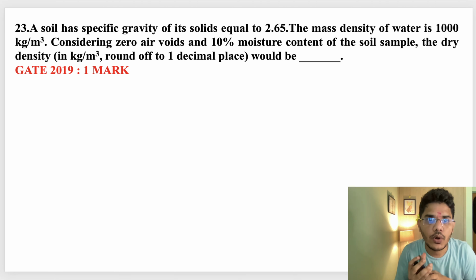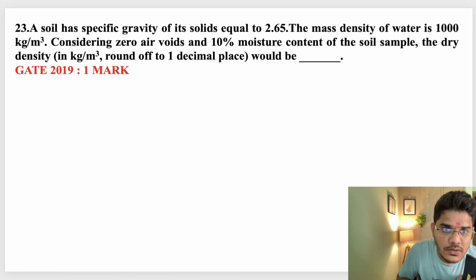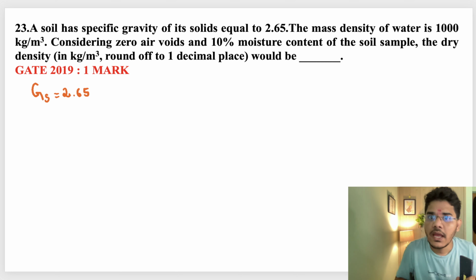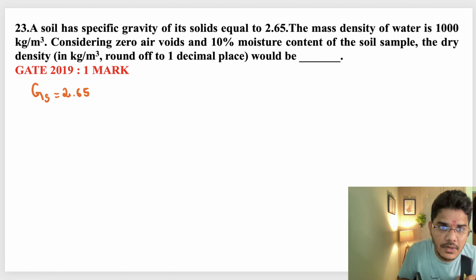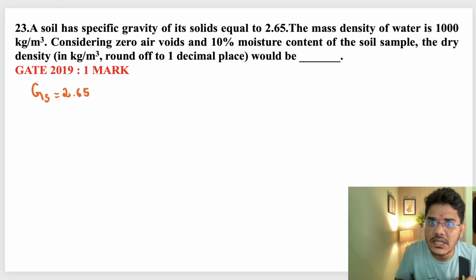So a soil has specific gravity of solids equal to 2.65, so G suffix s is equal to 2.65, and the mass density of water is 1000 kg per meter cube.